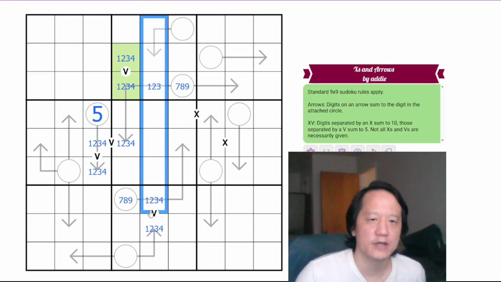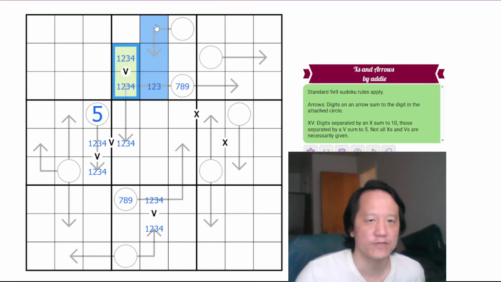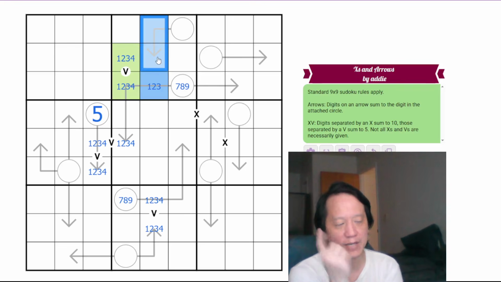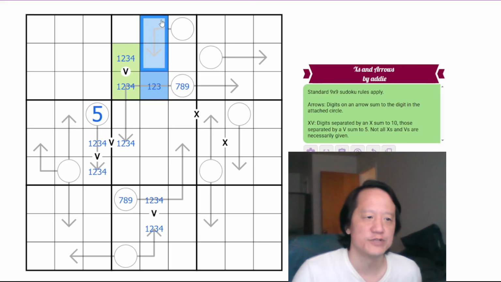Well, where are they in column 5? These two digits must be from the other pair that's adding up to 5. Because if this is 1, 4, this has to be a 2, 3 pair, right? Because one of these digits has to be at maximum of 4. So it's guaranteed to have one digit from 1 through 4 here.